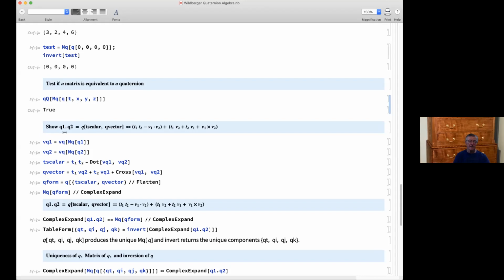I can show that quaternion 1 times quaternion 2 is equivalent to a quaternion made up of a scalar and a vector portion.